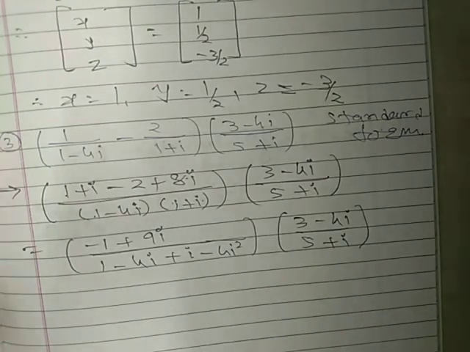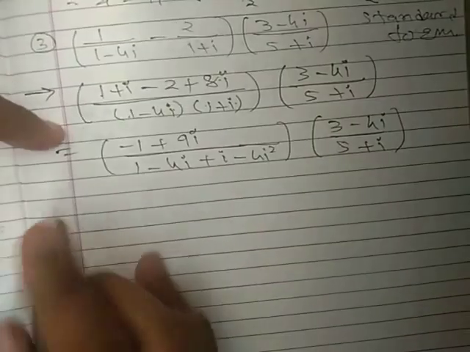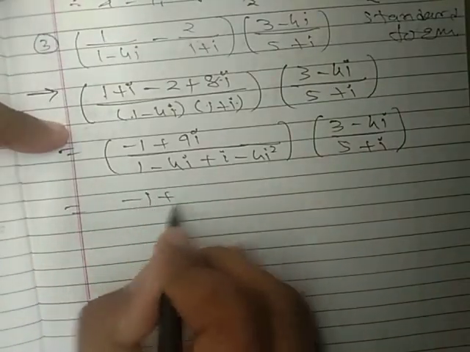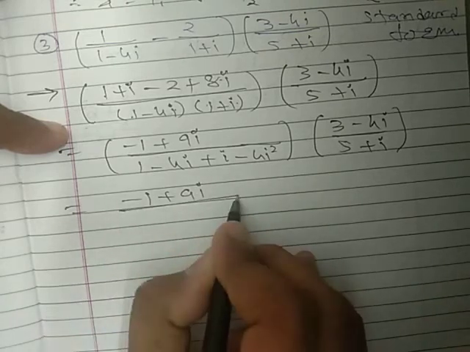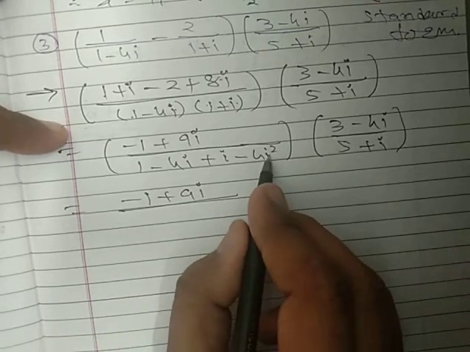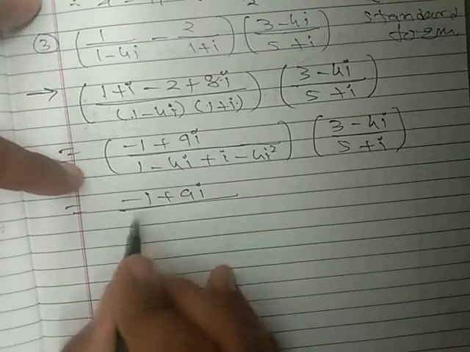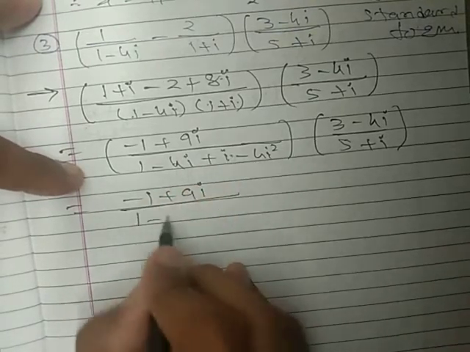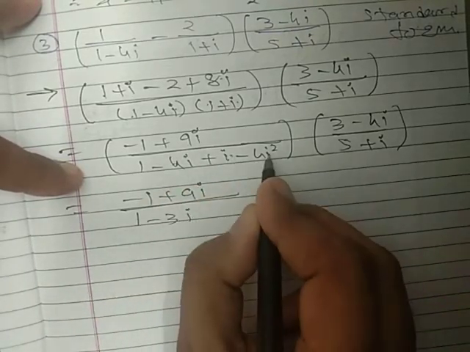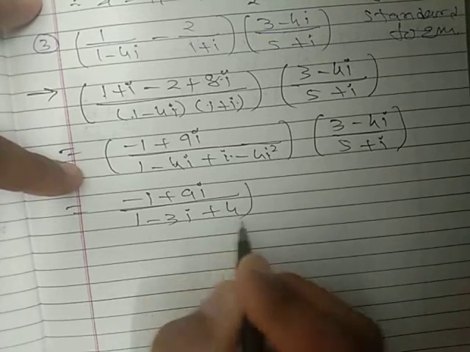Okay, now simplify: minus 1 plus 9i. i squared equals minus 1. That's why 1 minus 3, i squared equals minus 1, minus minus plus 4.